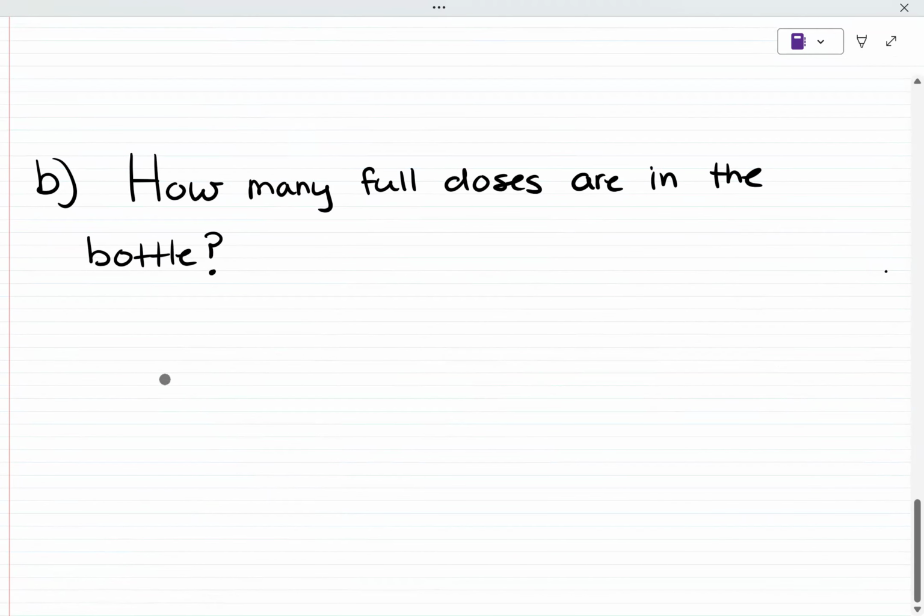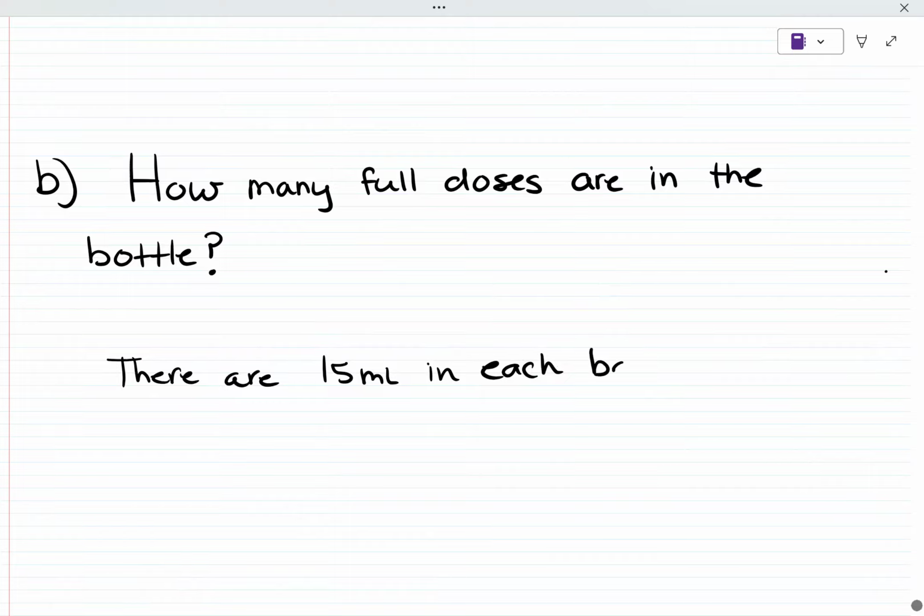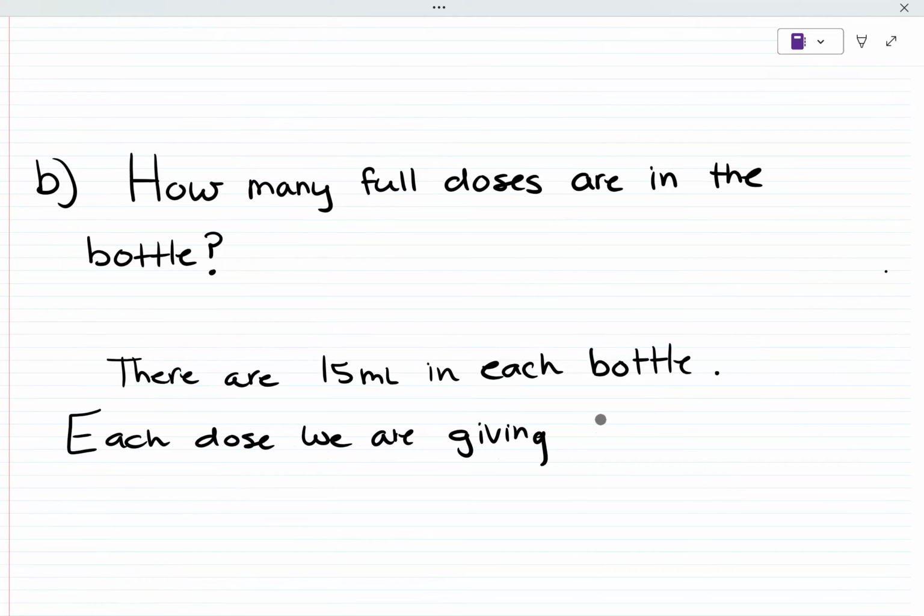So there are 15 milliliters in each bottle, and for each dose we are giving 4 milliliters. That was the answer from part A.